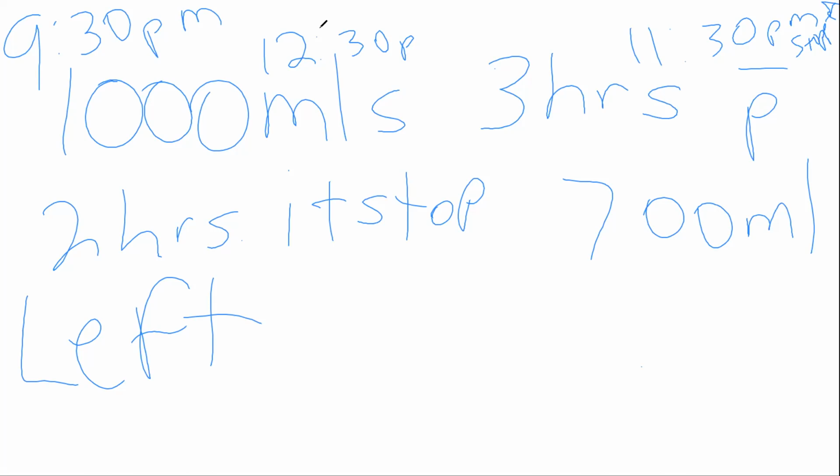You're supposed to run it over 3 hours. So if your infusion stops for 30 minutes, you would have to add that 30 minutes onto the end of your time. Do you understand that? You can't speed the IV up in order to get it in. That's what these questions are asking you.